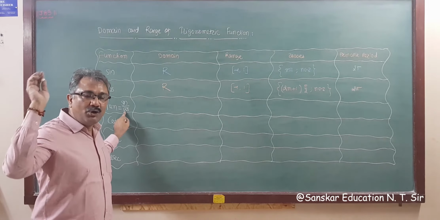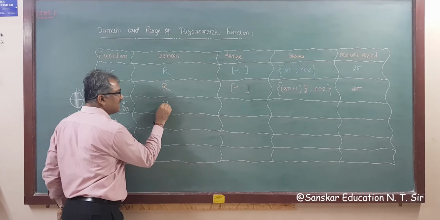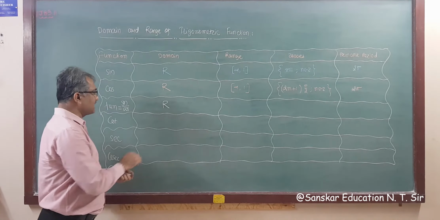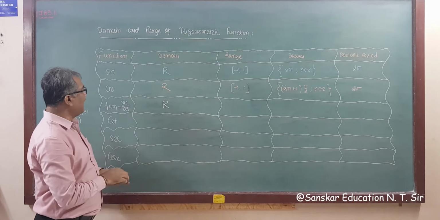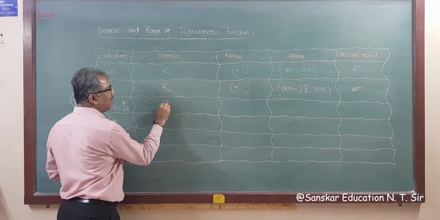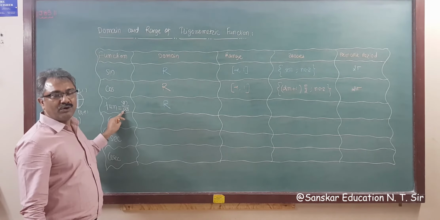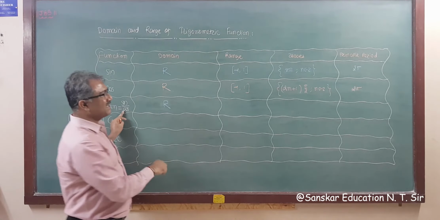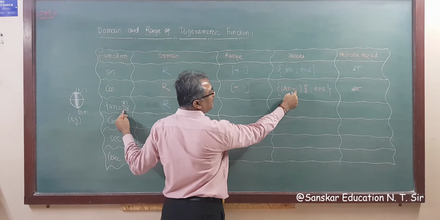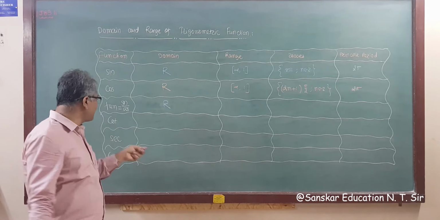With cos not equal to 0, this function is defined for R. And the set of zeros for cos is twice n plus 1 pi by 2. That means you have to neglect these values for which cos is 0.